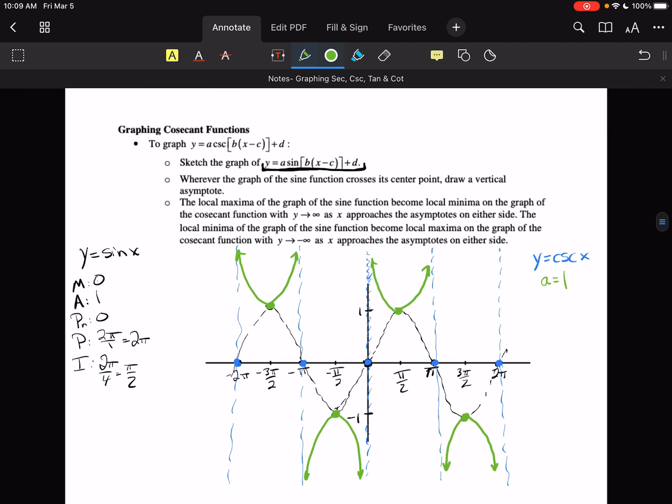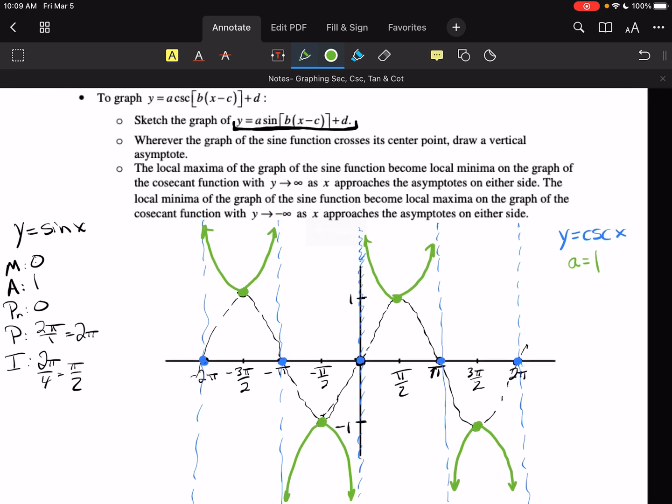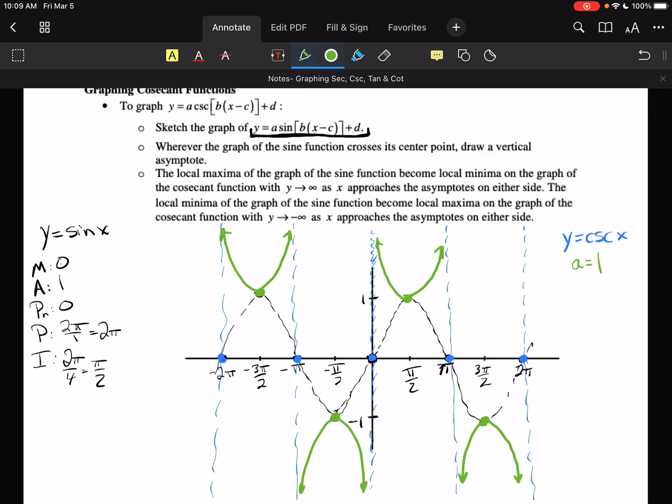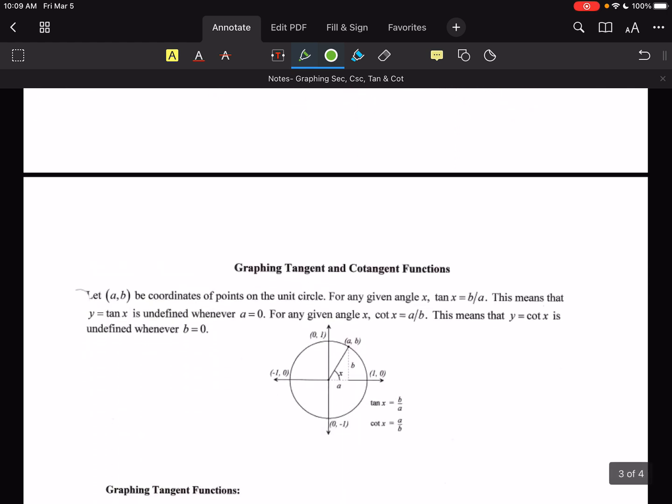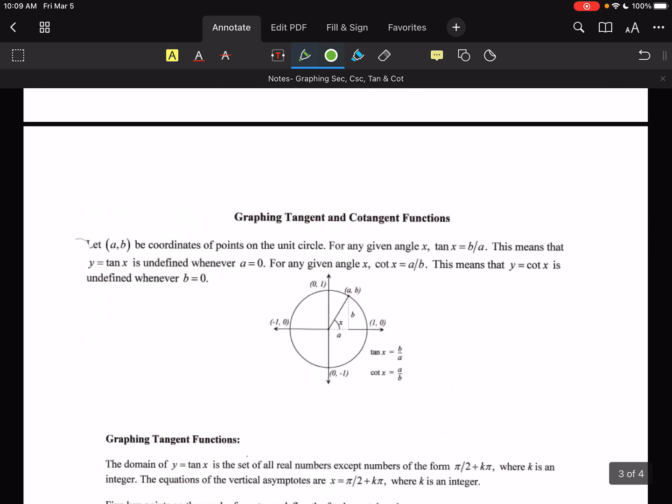So that's cosecant. So we've looked at secant and cosecant. Now we're going to kind of switch things up a little bit and look at tangent and cotangent. So tangent and cotangent tend to be a little bit weirder, mainly because they're not directly linked to sine and cosine, which is what we've kind of built everything on so far.